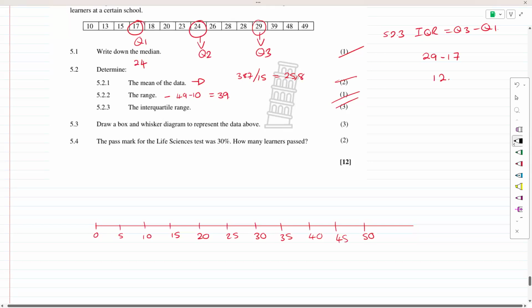Okay. So this is 49. That's the max. The minimum was 10.